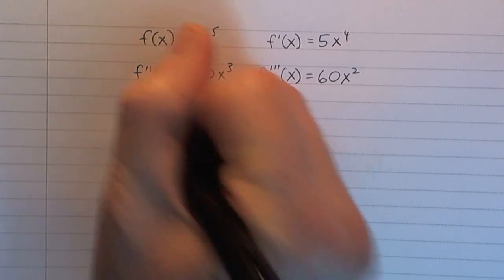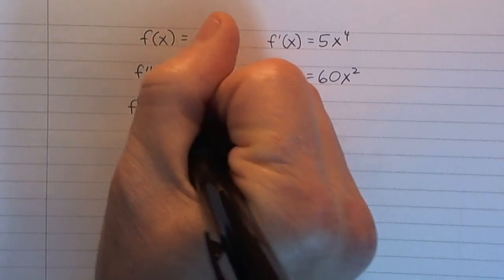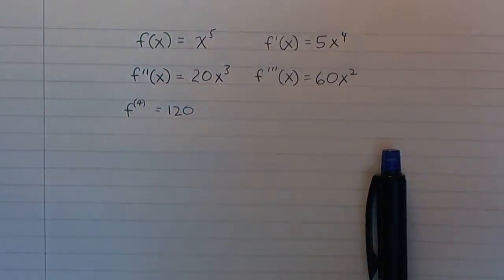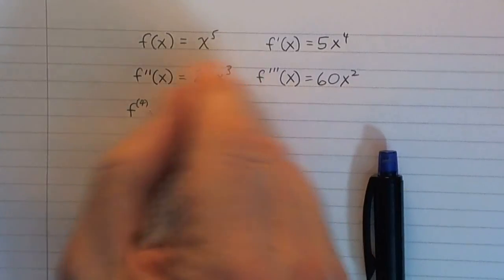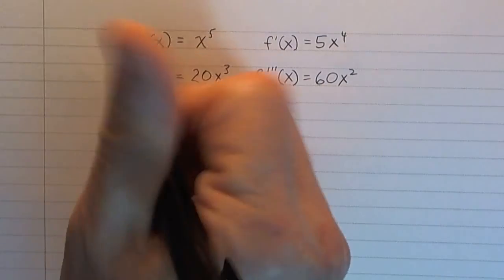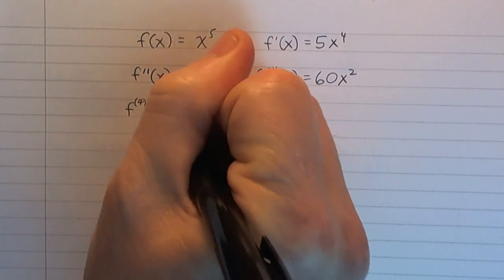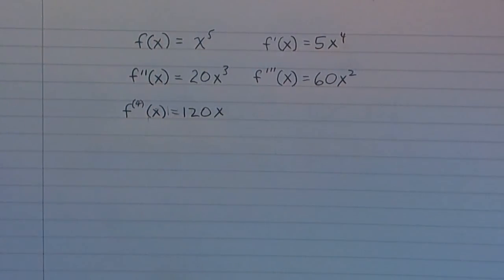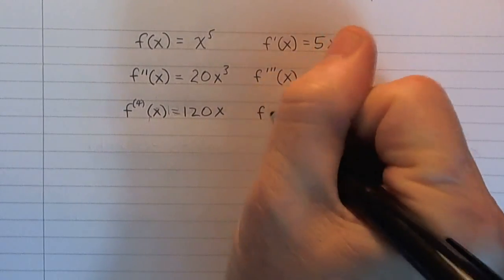Put a little 4 up there and say this is 120 x. Let me go ahead and put the x in there. And then I could go again, I can say, well, what about the fifth derivative?